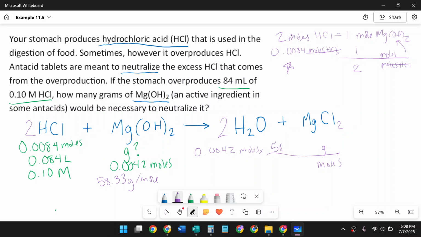So 58.33 grams over 1 mole, and our moles cancel. Of course, this looks like it's lined up under this other thing, but this is Mg(OH)2. Then let's pull out our calculator.